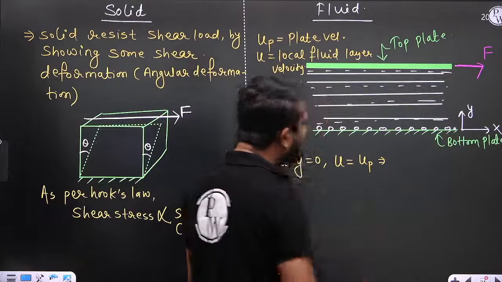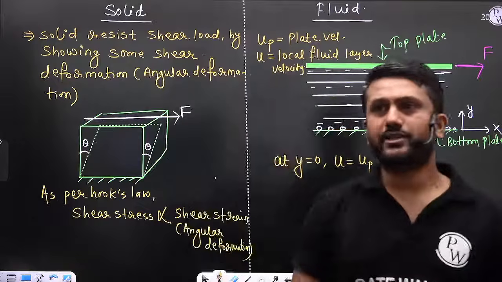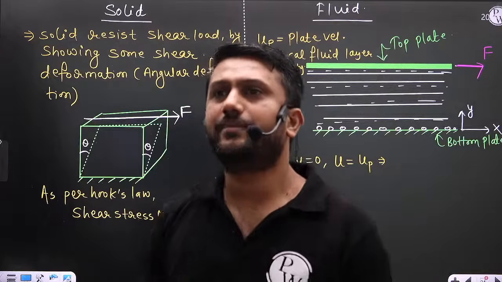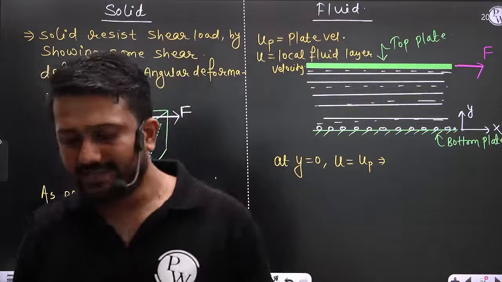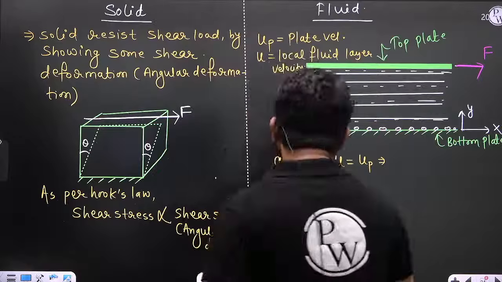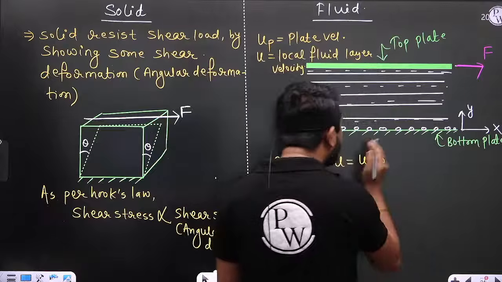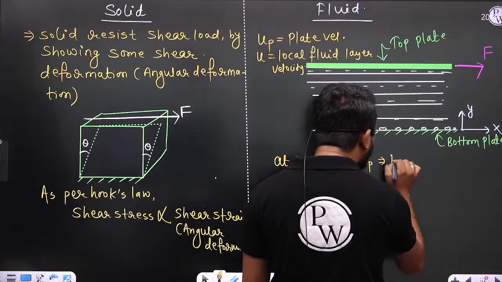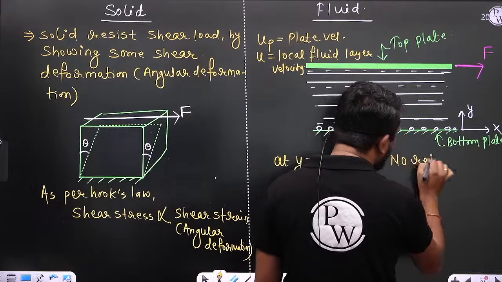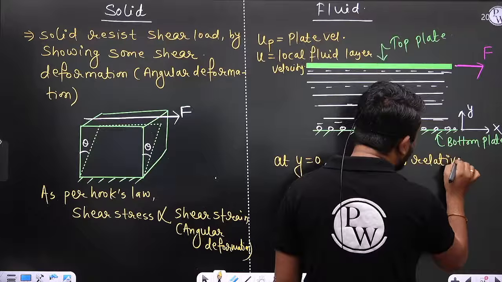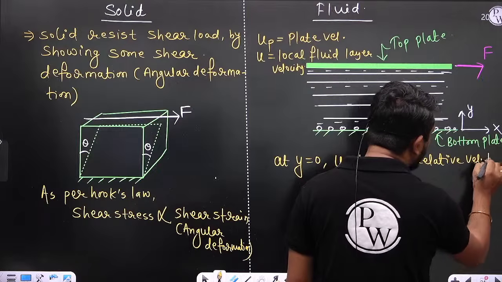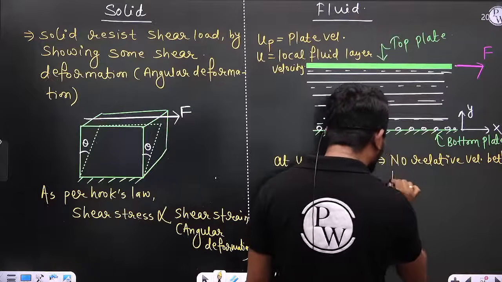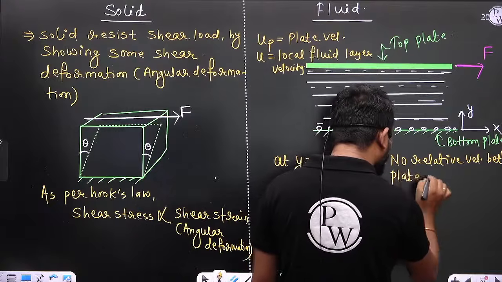That means at y is equal to 0, there is no relative velocity between the plate and the fluid.